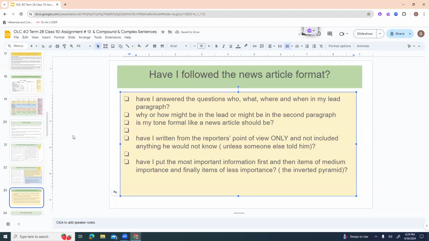Your tone should be very formal, right? Not like you're talking to a friend, but like you're talking to a police officer almost. Have you written from a reporter's point of view only and not included anything he would not know unless someone else told him? Have you put the most important information first, and then items of medium importance, and then finally items of lesser importance?